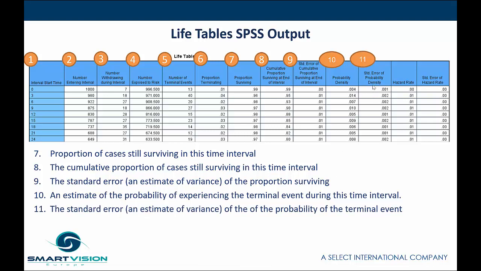And then we have the standard error of that again, an estimate of variance of the probability. If it's not a very reliable probability because it's not based on a lot of cases, the standard error gets larger. And if it's fairly reliable, it's based on a lot of cases. We have 1,000 cases here, so it tends to be smaller.